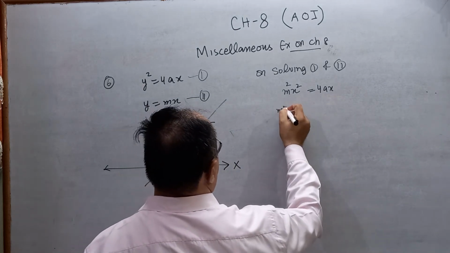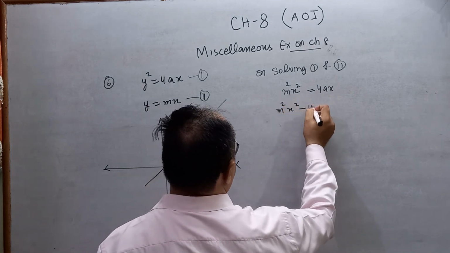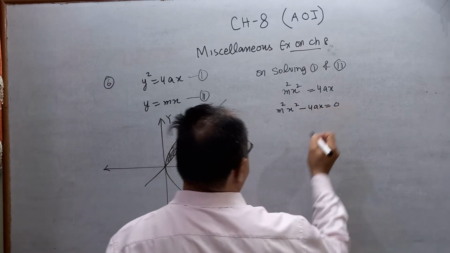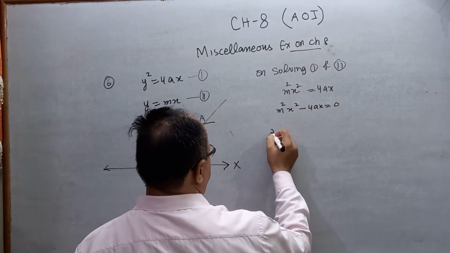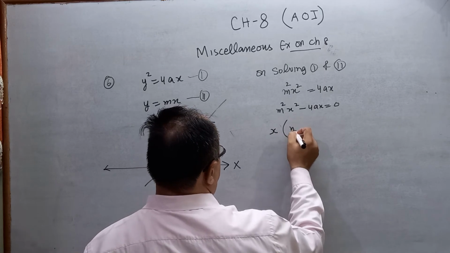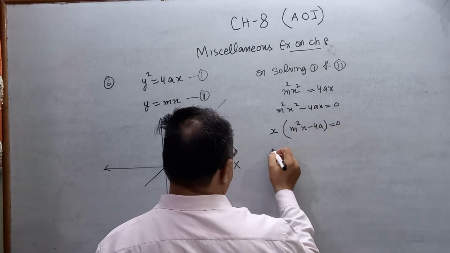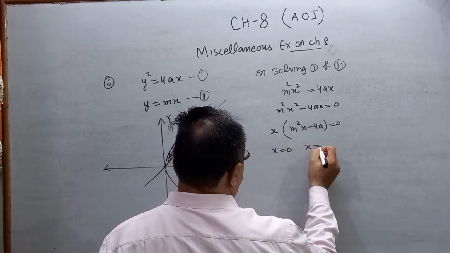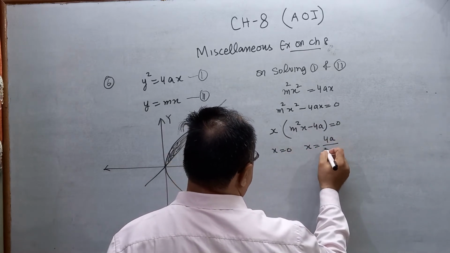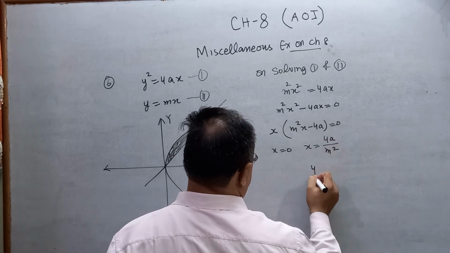Now m square x square minus 4ax is equal to 0. You can take x common. Therefore, x times m square x minus 4a is equal to 0. Either x is equal to 0 or x is equal to 4a upon m square.